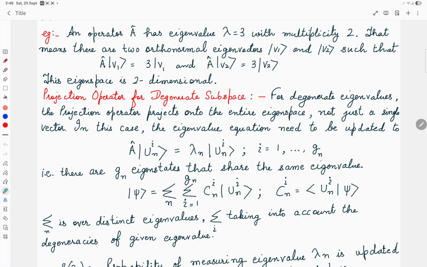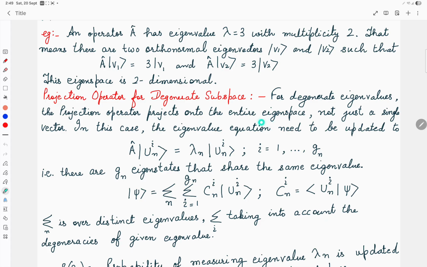But in the case of degenerate eigenvalues, the projection operator will project onto the entire eigenspace. Now this eigenspace is not for all the eigenvalues. This eigenspace that I am talking about is for that eigenvalue for which we have more than one eigenvector, and the eigenvectors will form an eigenspace for that eigenvalue. So this is the degenerate eigenspace.